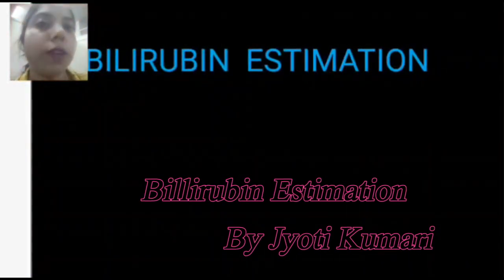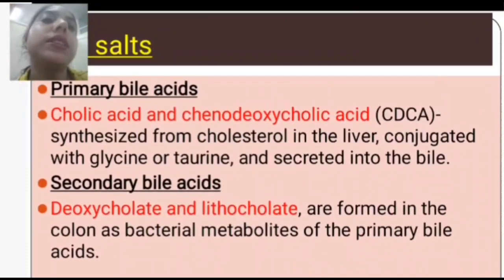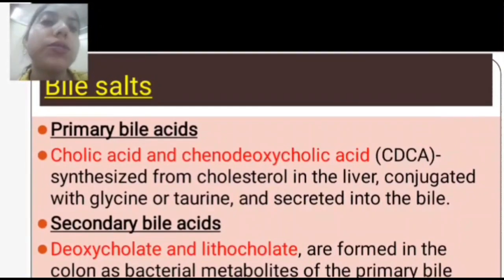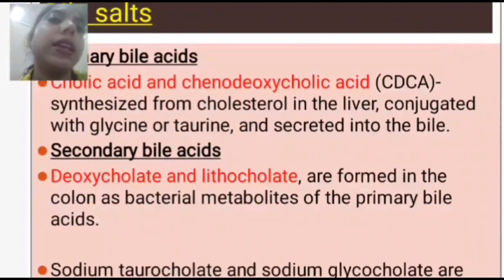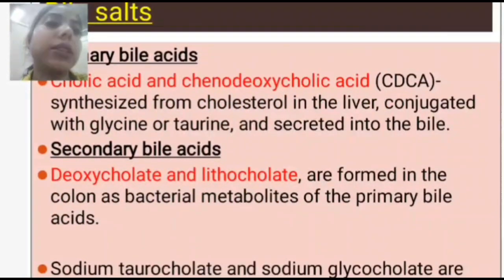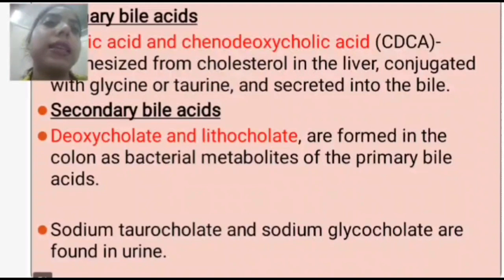In this video, we are going to learn about bilirubin estimation in urine sample. So firstly, let us see what bile salts are. Primary bile acids like cholic acid and chenodeoxycholic acid, that is CDCA, which are synthesized from cholesterol in the liver, are conjugated with glycine or taurine and secreted into the bile.